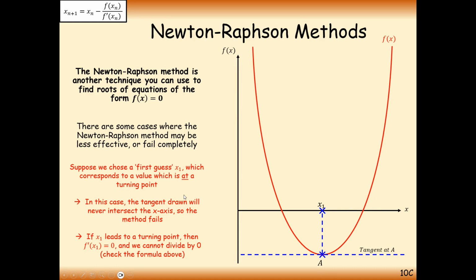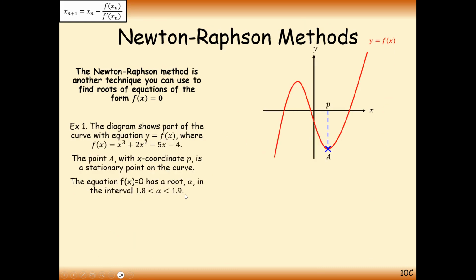So, we are asked in this example, let's read this example carefully. We have a cubic polynomial called f of x. The point A with x coordinate p is a stationary point. What's the meaning of a stationary point?